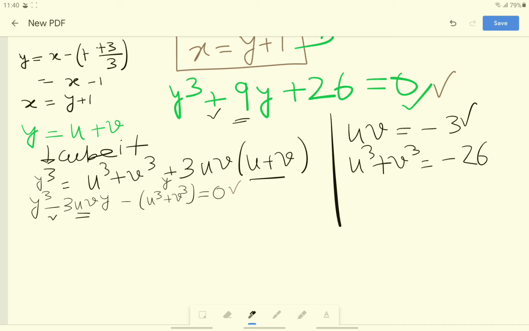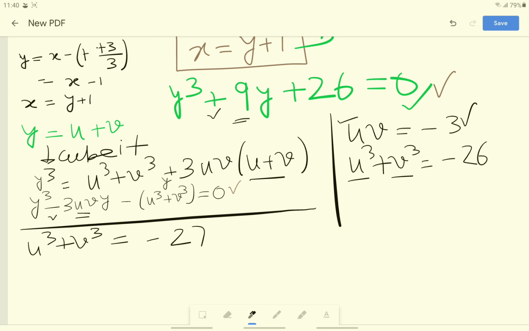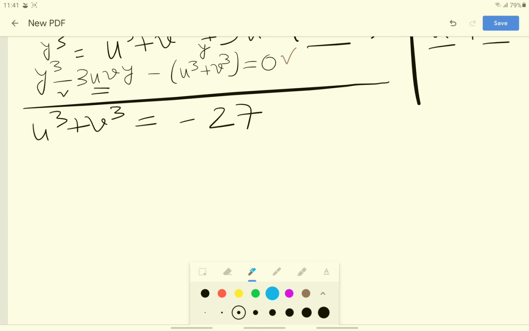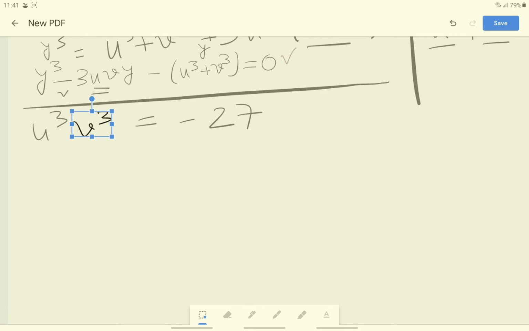If we cube uv equals negative 3, we get u cube times v cube equals minus 27. Sorry, we have a mistake here, it is not plus, it is actually multiplied.